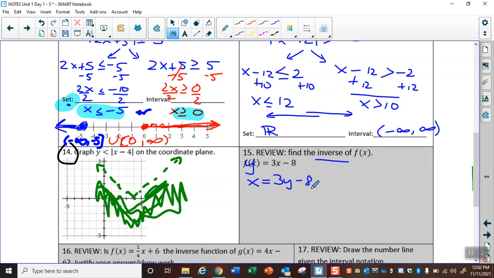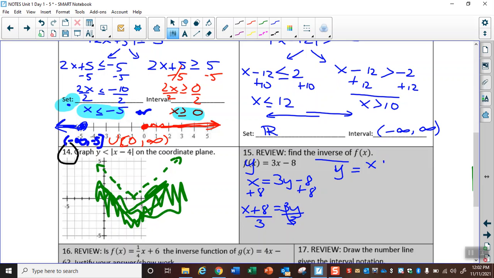Then I want to solve for y, so I'm going to add 8 to both sides, and I get x plus 8 equals 3y. Then I'm going to divide by 3 because I'm trying to get the y by itself. So I've got y equals, and I'm going to use the symmetry property and just write the y on the left.